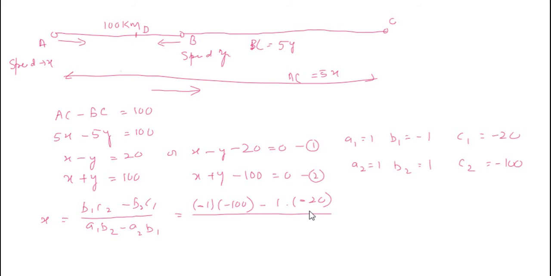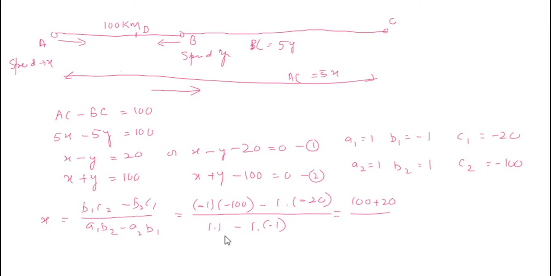a1 b2 is 1 into 1, minus a2 b1, a2 is 1, b1 is minus 1. So this becomes plus 100, so 100, this becomes minus into minus, so 20.